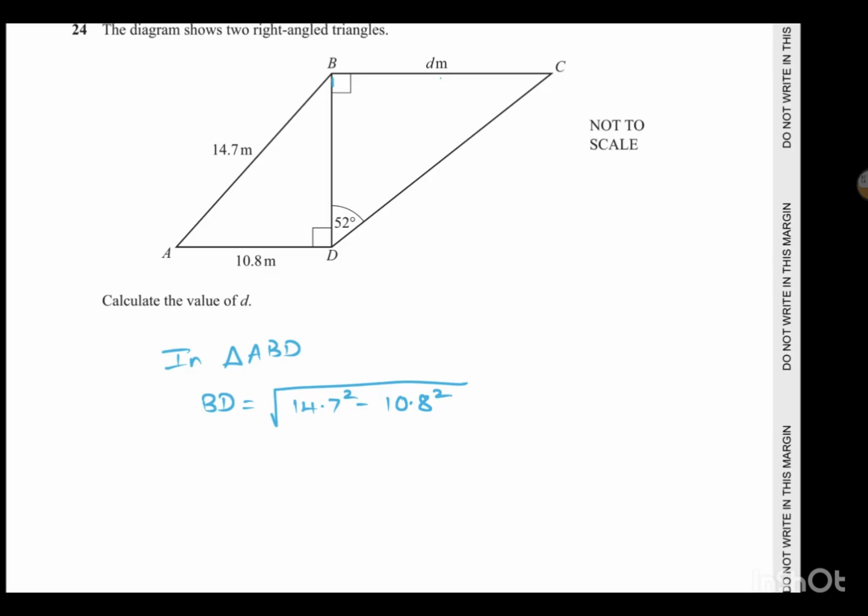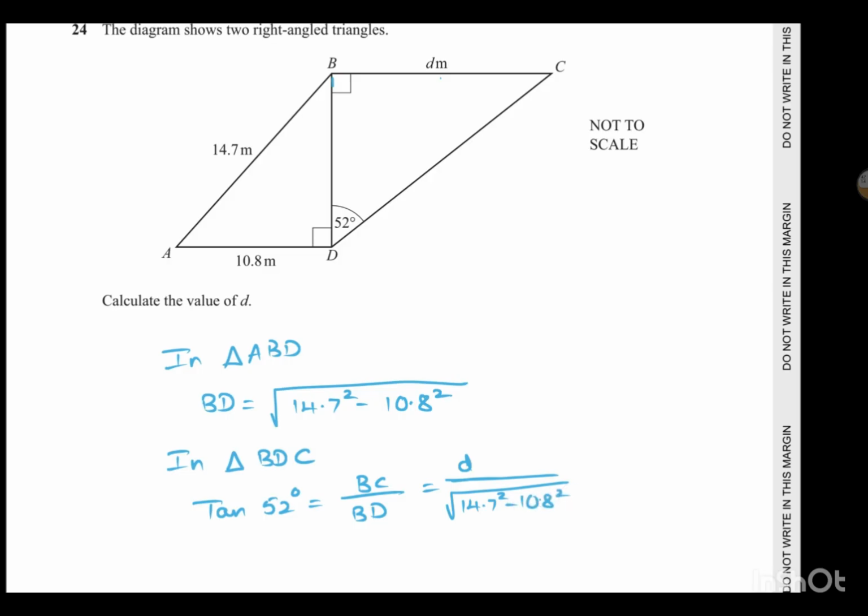Then in triangle BDC, angle 52 is given. So tan 52 is equal to opposite side by adjacent side, that is BC by BD. So BC, which is d, by BD, and we already got BD as the square root of 14.7 square minus 10.8 square.